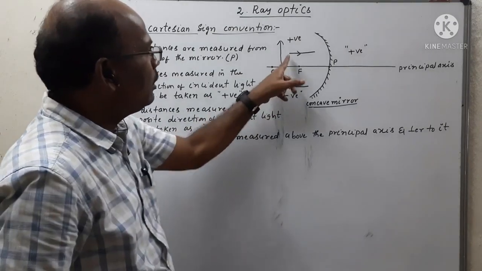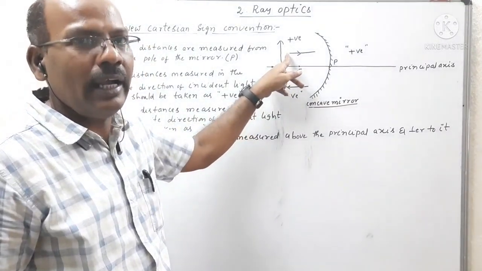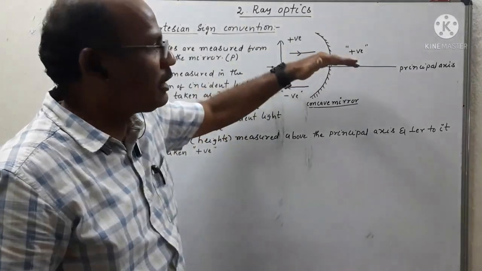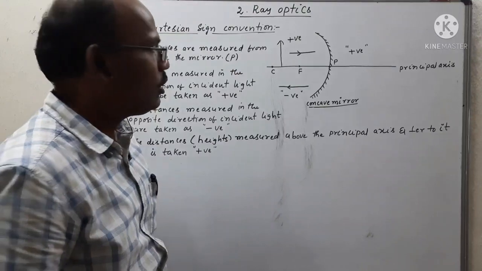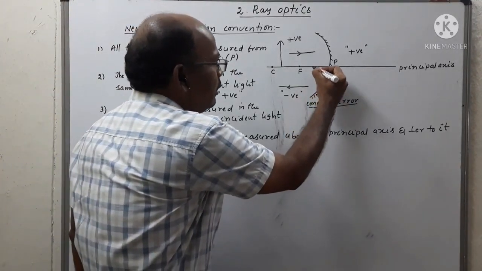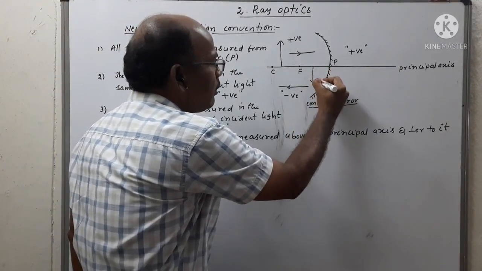This is the representation of the heights measured above the principal axis which are normal to its surface, always taken as positive. Then we can take the next one.